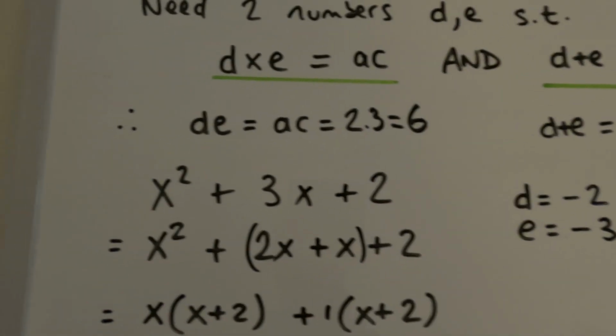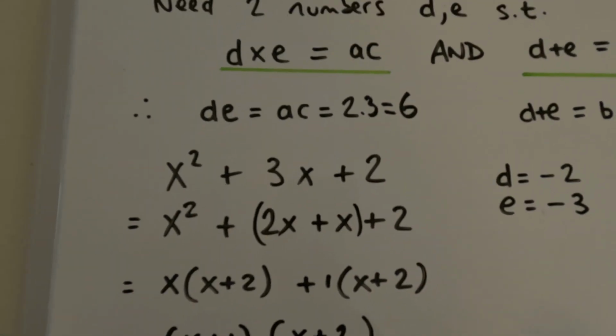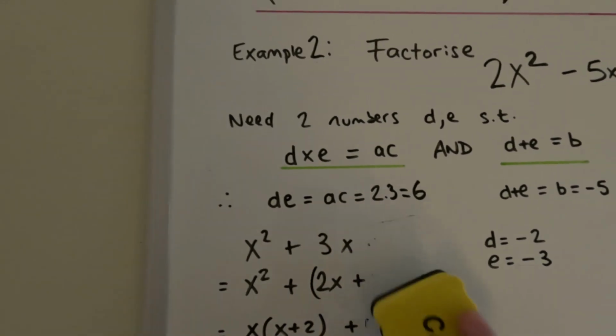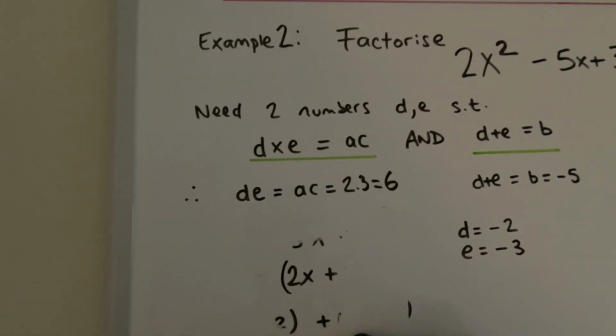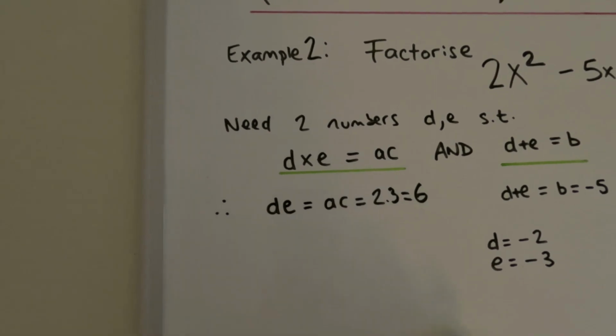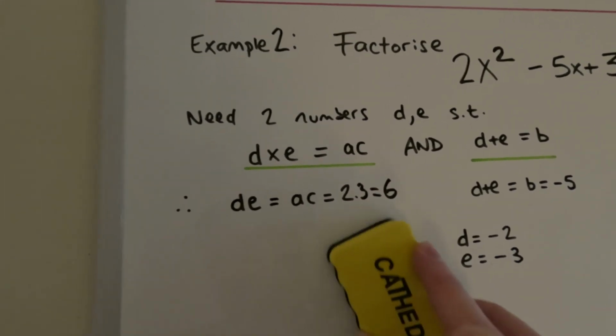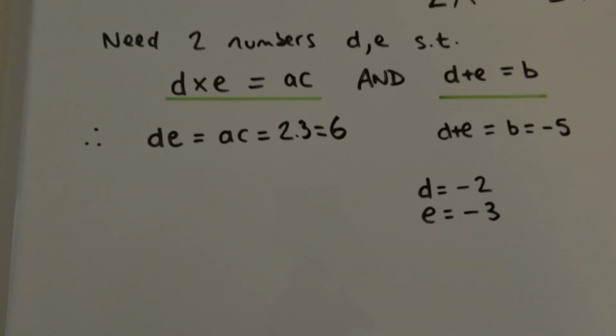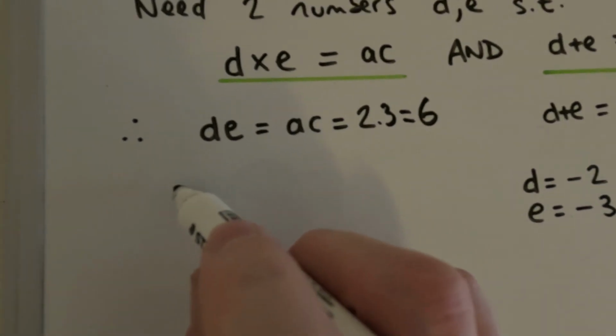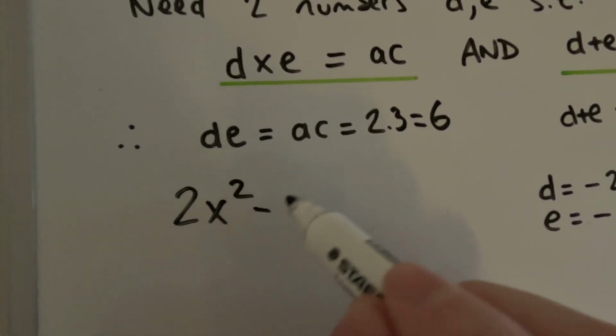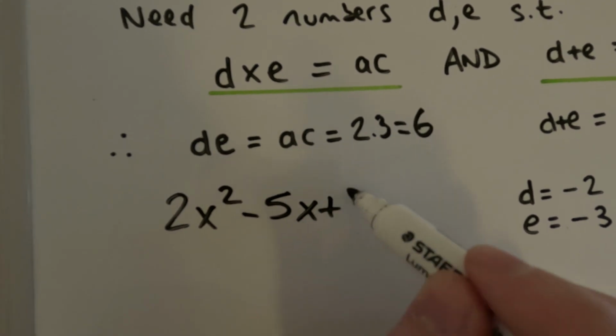Right, so let's get rid of all of this. Now, what we're going to do is rewrite this equation down again. So 2x squared minus 5x plus 3.